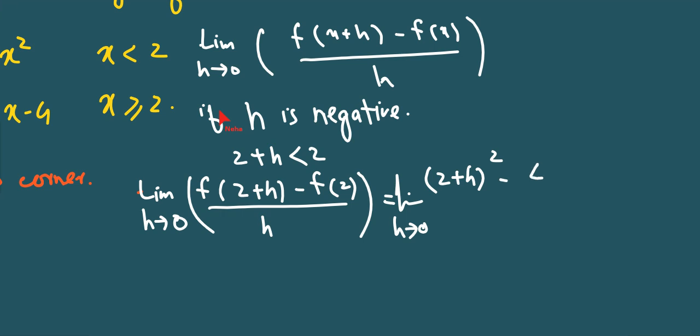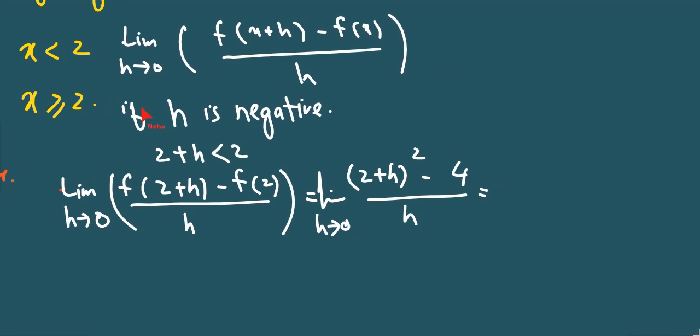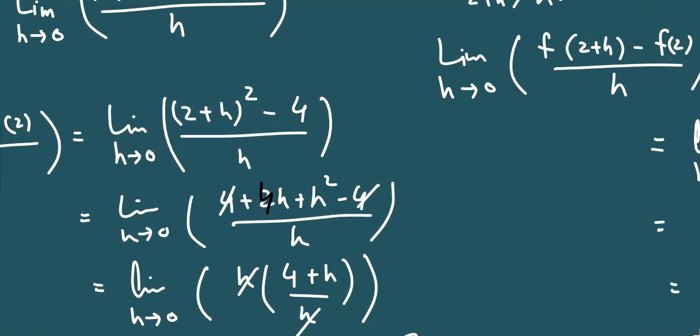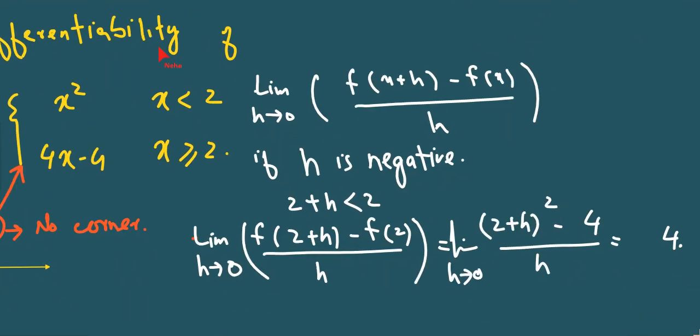It is the same expression that we were dealing with initially, and you will get 4. We are done with it already. For your satisfaction, I can show you this one: limit h tends to 0, 2 plus h square minus 4 over h. And we calculated that it is 4, right?